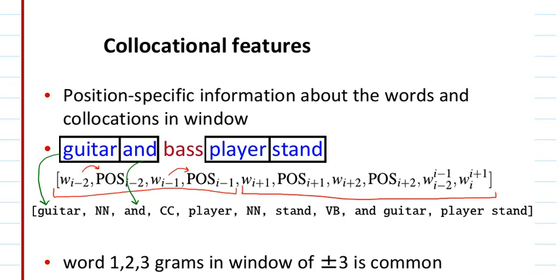So this is Wi minus 2, Wi minus 1, or simply minus 1, and this is W1, this is W2, and after that we have also taken the sequence of words that are present within this window.